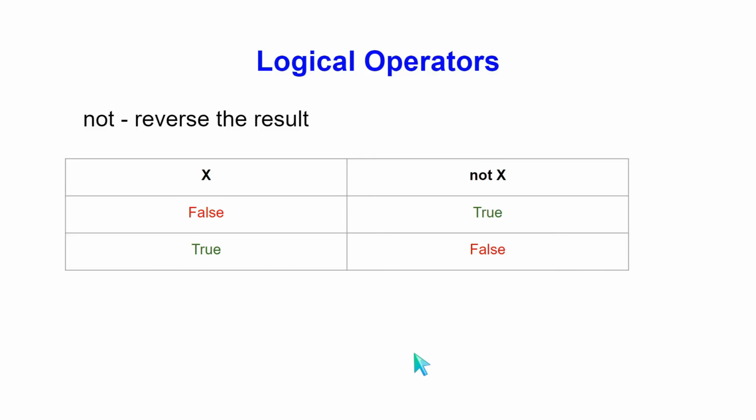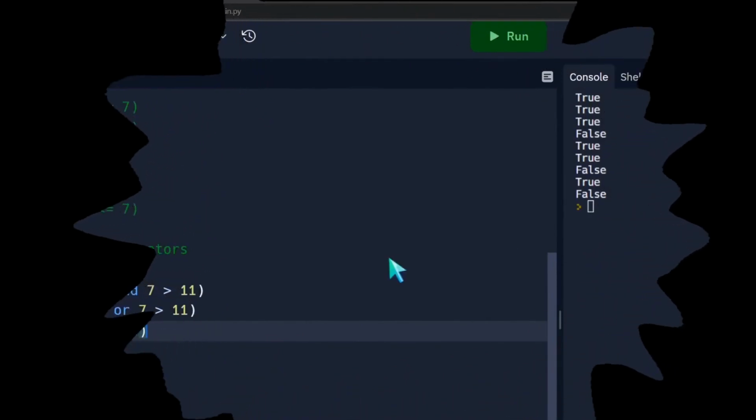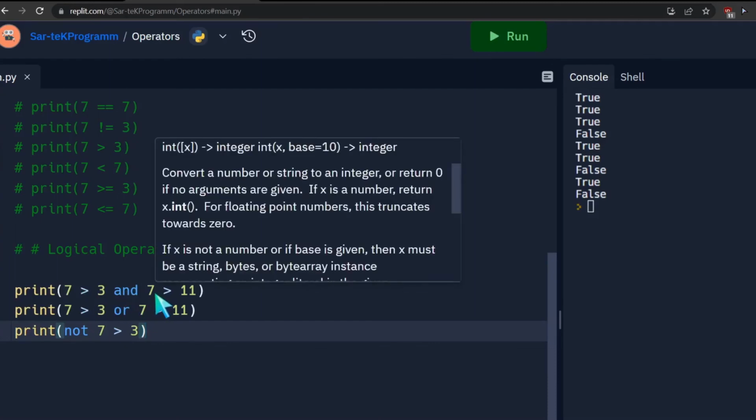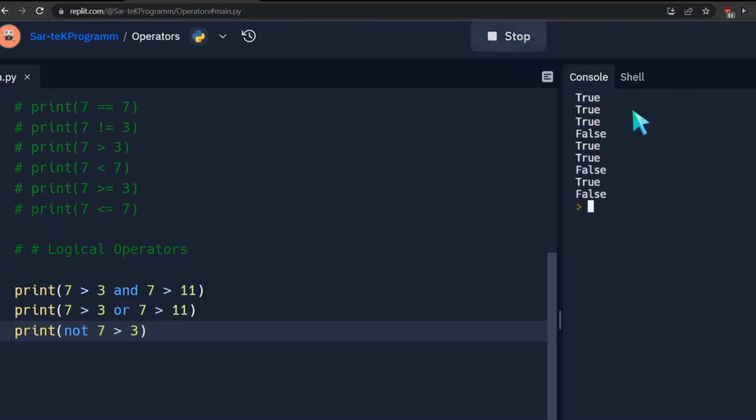Okay, so now let's see these operators in action. Here in the first line we have 7 is greater than 3 and 7 is greater than 11. This first condition is true, 7 is indeed greater than 3, but it is not greater than 11. And in AND we need both the conditions to be true. Since one is true and the other is false, we get the output as false.